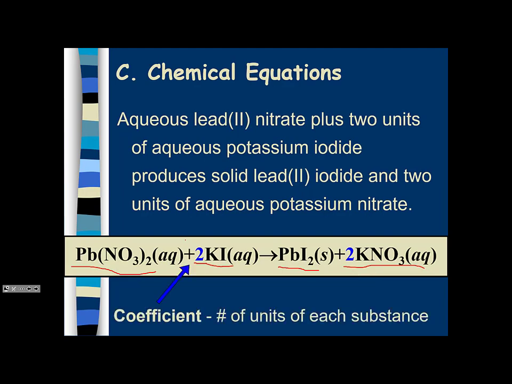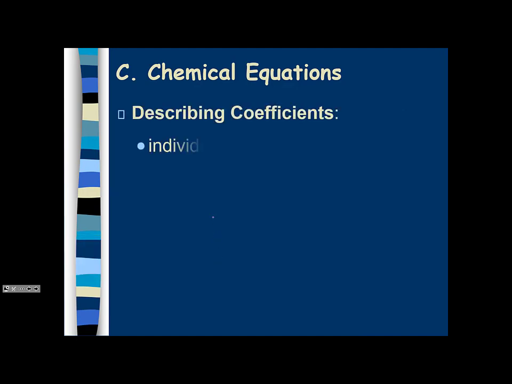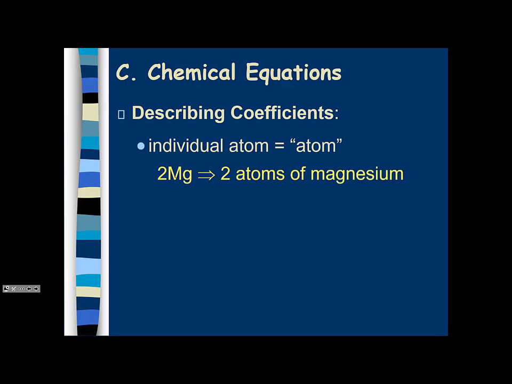All right, and we'll talk a little bit more about coefficients in a minute. But the coefficient is what goes on the front to tell us how many of this compound we have. So, coefficients. If we're talking about just magnesium by itself, we can refer to it as an atom. So this has 2 atoms of magnesium.